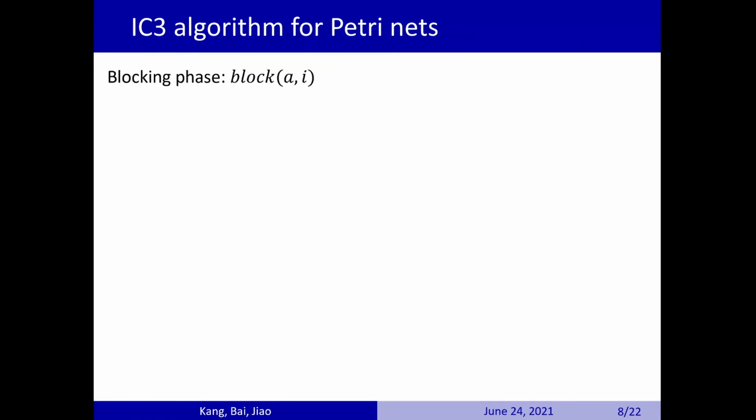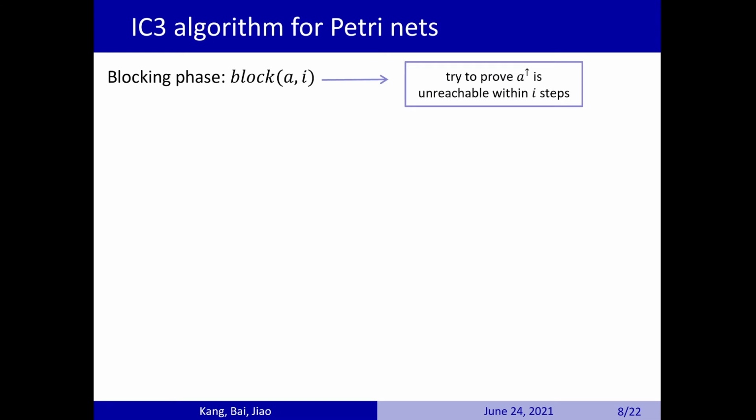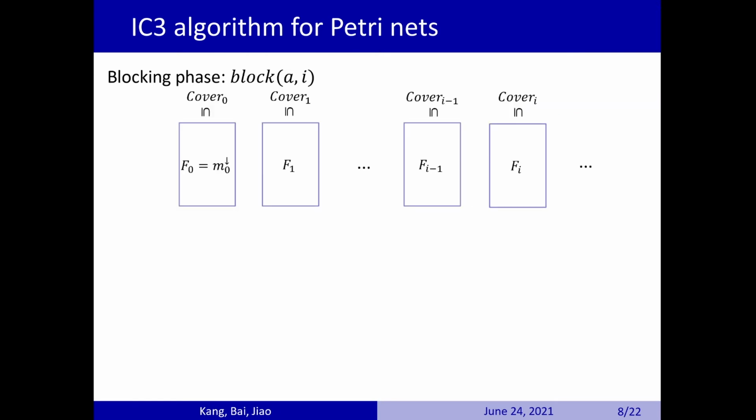In the blocking phase, we have a pair (A, i). Block (A, i) means that IC3 will try to block marking A at frame Fi. In other words, IC3 will try to prove the upward closure of A is unreachable within i steps. These rectangles are frames which over-approximate the coverable set.